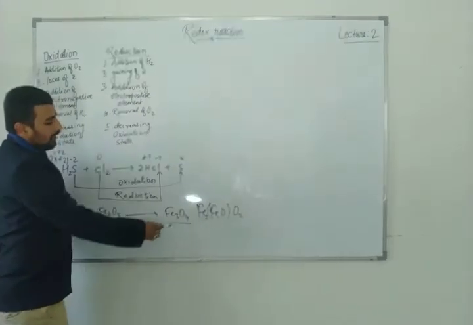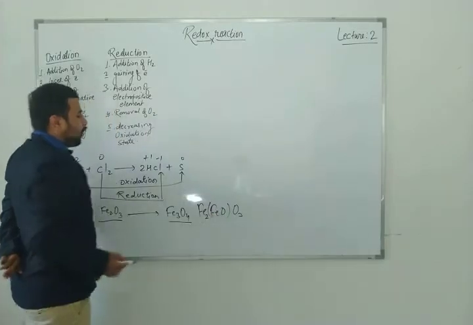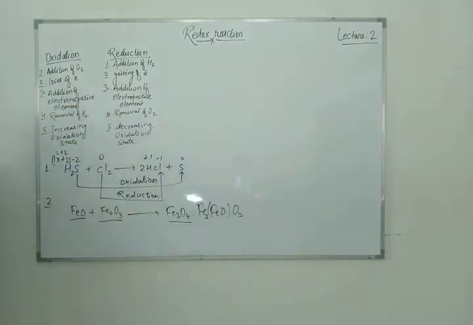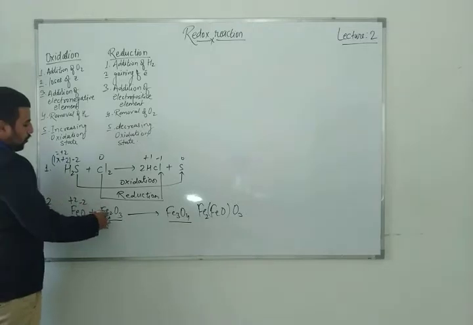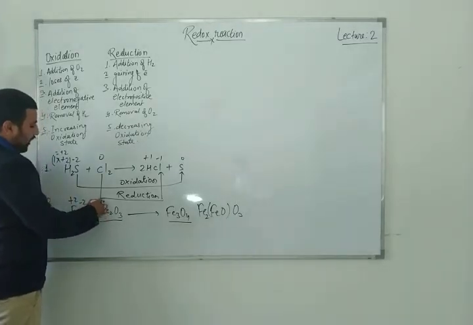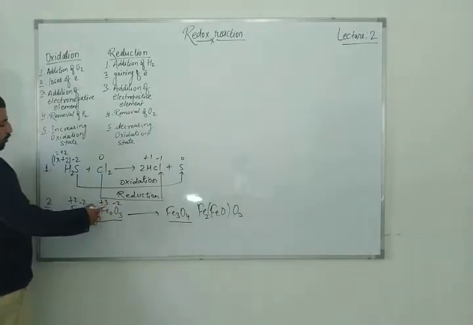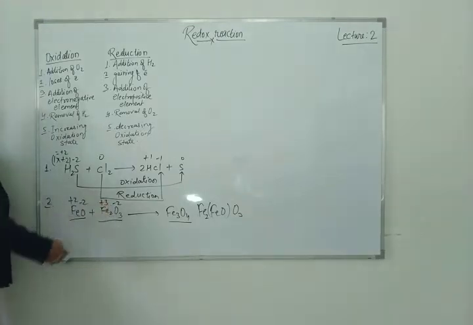So you can count 3 iron and 4 oxygen. Here the iron valence is +2, oxygen -2, and here +3 and -2. So 3 twos are +6 and -2 threes are -6.